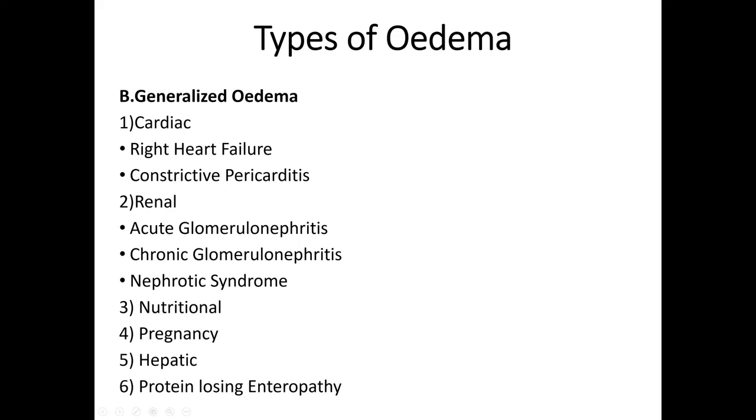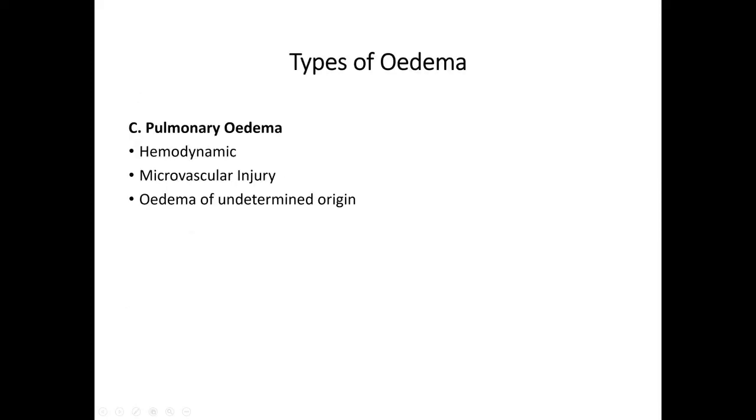Generalized edema: cardiac edema due to right heart failure or constrictive pericarditis; renal edema, which is acute glomerulonephritis or chronic glomerulonephritis, nephrotic syndrome; nutritional edema; pregnancy may lead to edema; hepatic causes; and protein losing enteropathy. Pulmonary edema: hemodynamic causes, microvascular injury, or edema of undetermined origin.